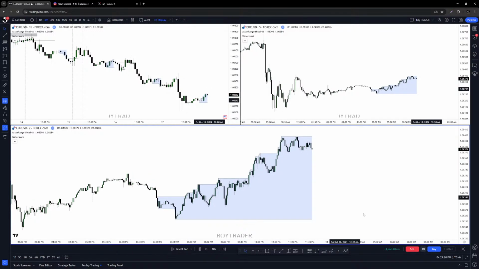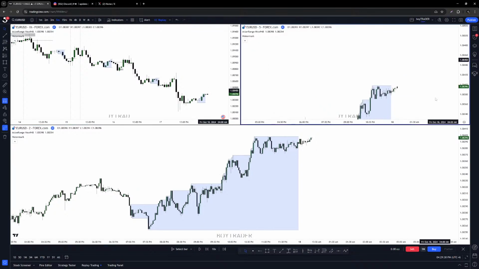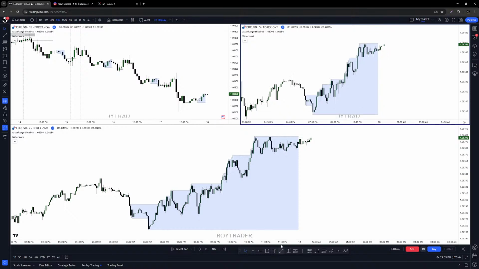There you have it. So we are heading to the top of the Asia range high.